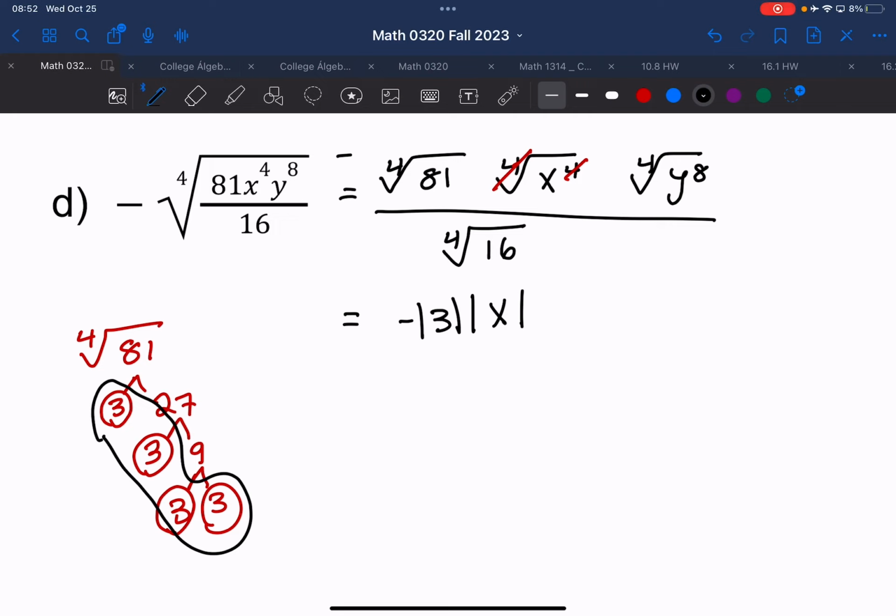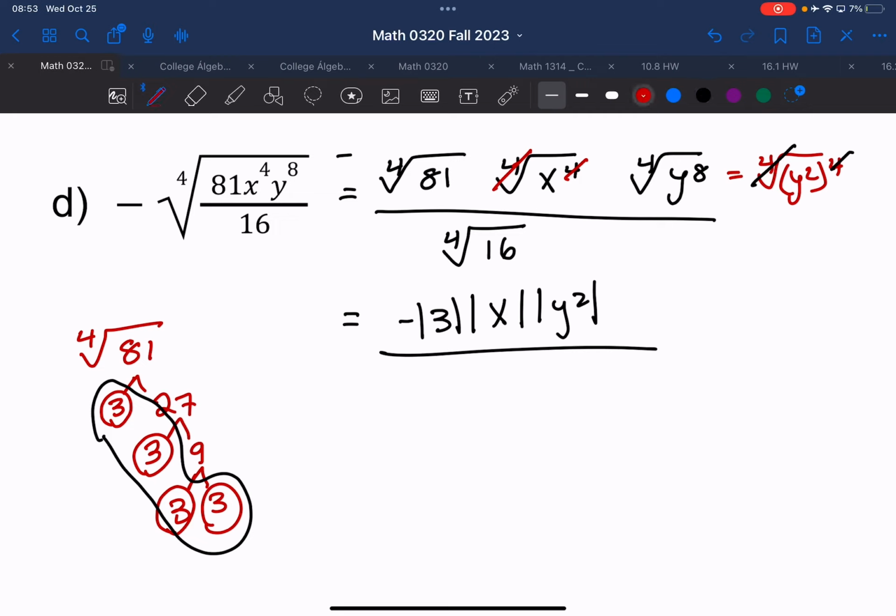Yes, y squared, so good. We're going to have this rewritten as the 4th root of y squared to the 4th power. When we do that, we can cancel out the 4th root, and we're left with y squared. Is that y squared going to be in absolute value bars? Yes.